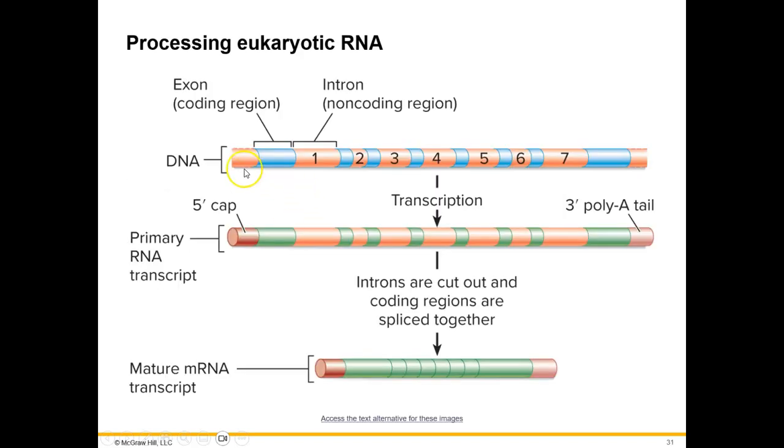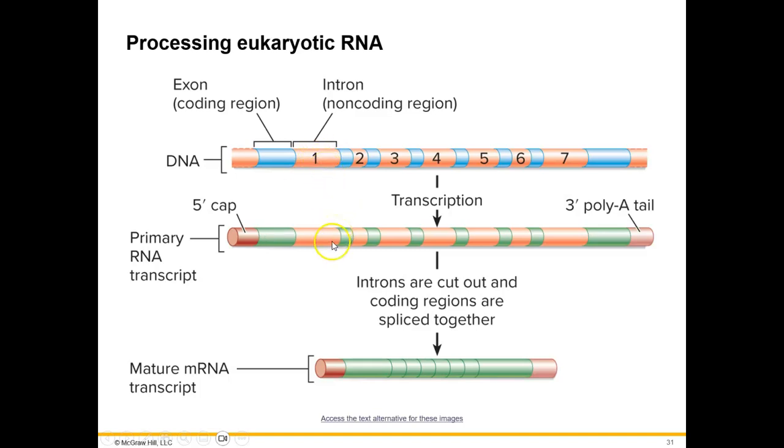So you could imagine this is what we have at the end of transcription. This is our DNA. This is what we have at the end of transcription. We have included all of the information from our coding regions, the exons, and non-coding regions.